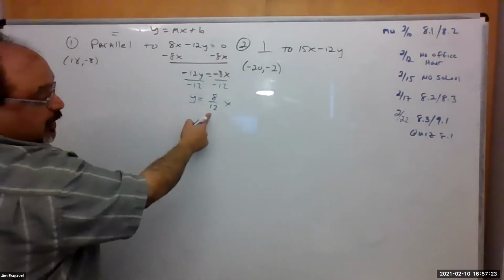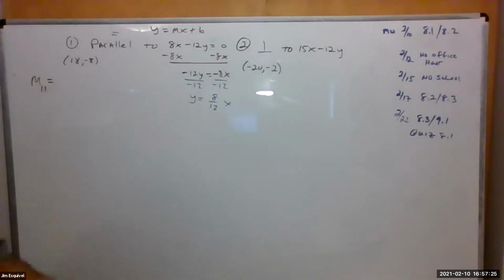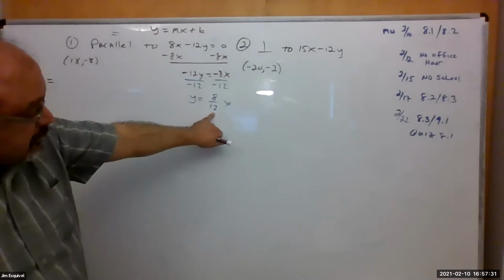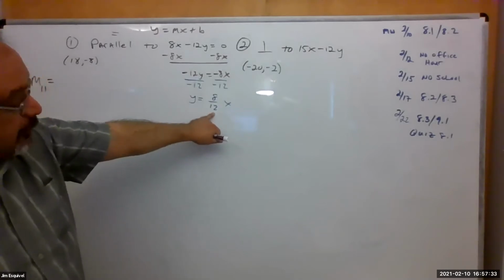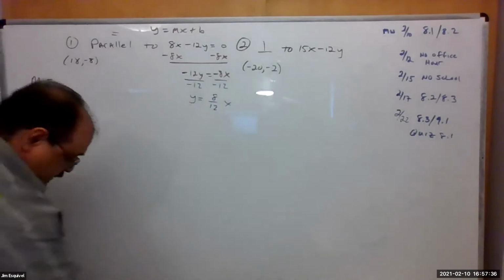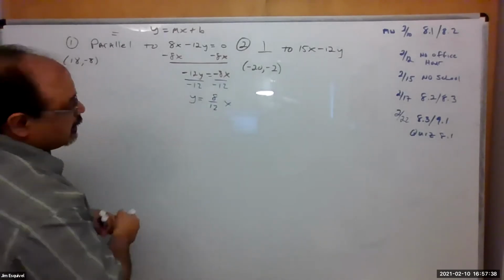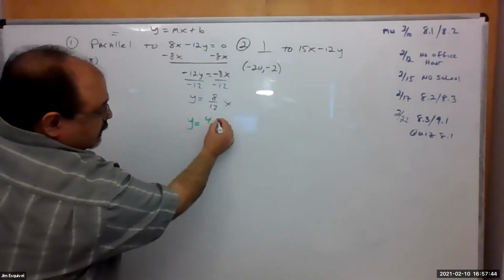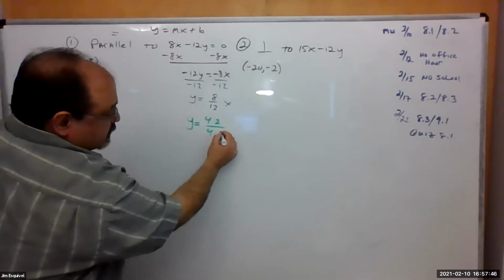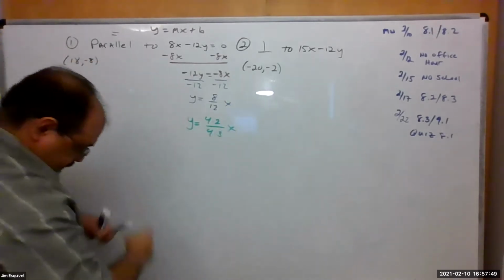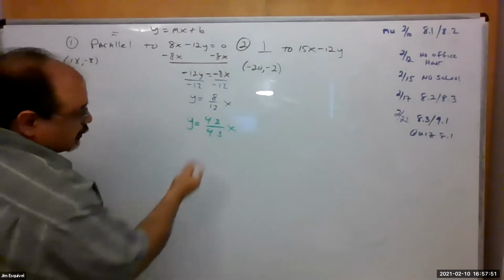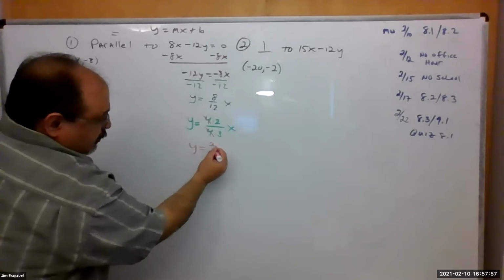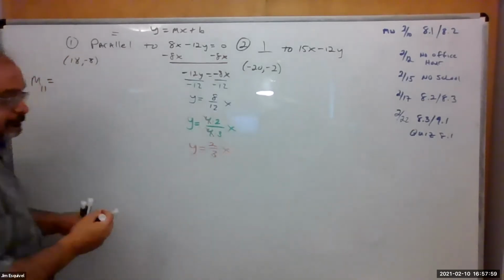So the slope is 8 over 12, and people actually use 8 over 12, and they make the problem so much more difficult because they don't reduce this to lowest terms. You need to reduce this to lowest terms. It's going to pay off. The common factor is a 4. This is 4 times 2 over 4 times 3x. So your 4's reduce, and you're left with y equal to 2/3 x.